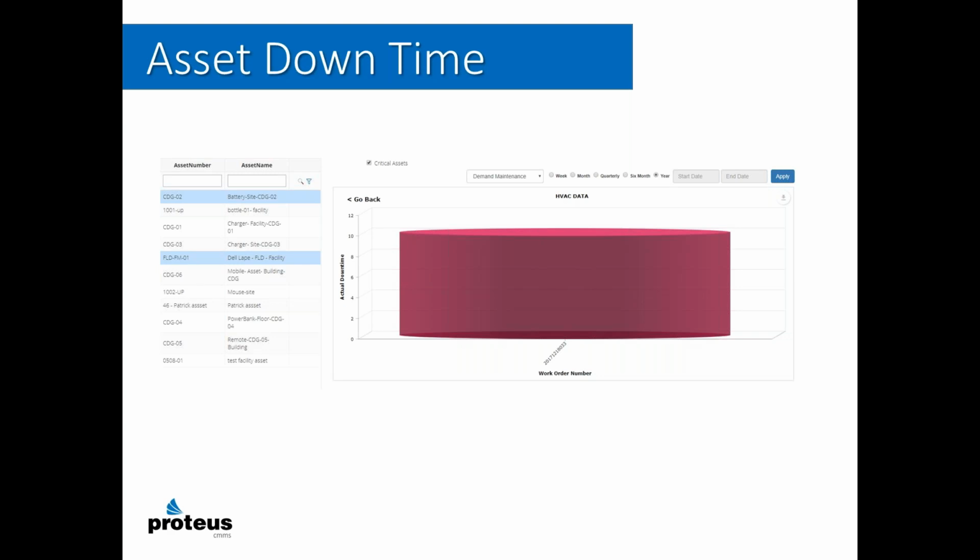And critical assets are those that, let's say, if they're down, the entire production line is down. Something's not going out the door. So you identify that as a critical asset. And we can measure the downtime based on properly filled out work orders, okay? That's one simple KPI.